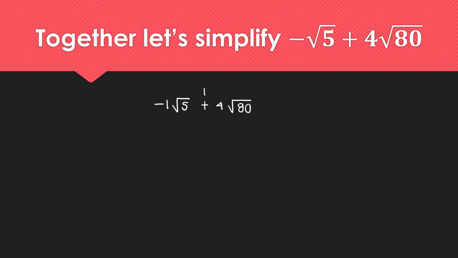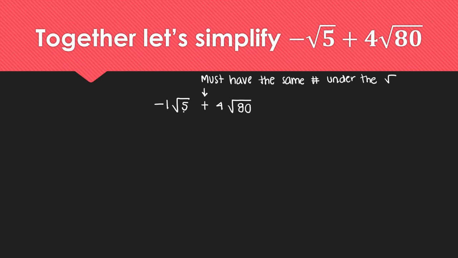Now, once again, anytime I see an addition or a subtraction sign in between my two radicals, that means you must have the same number under the square root. And right now, we do not. One of the numbers is a 5 and one of the numbers is an 80. So we have to try to get the same number underneath if we want to add these together.